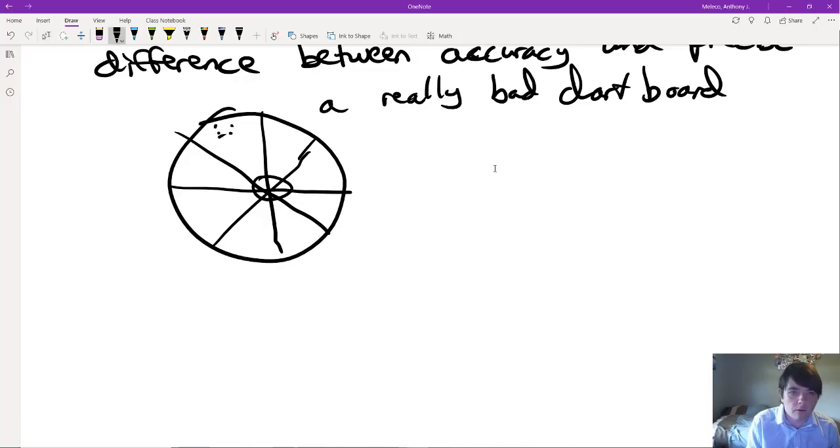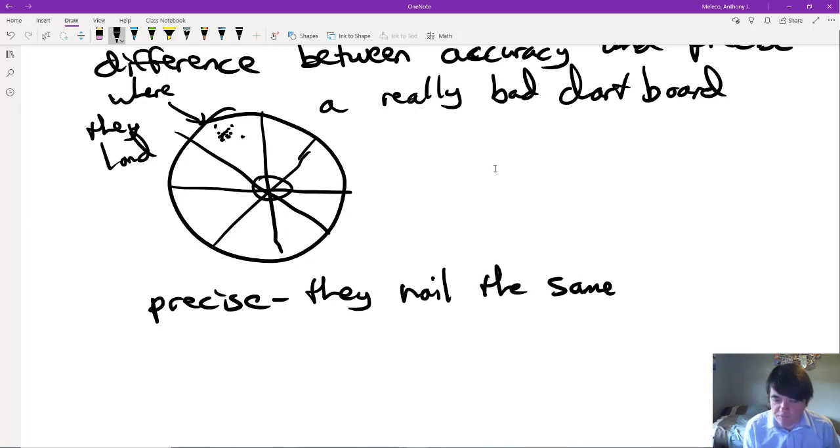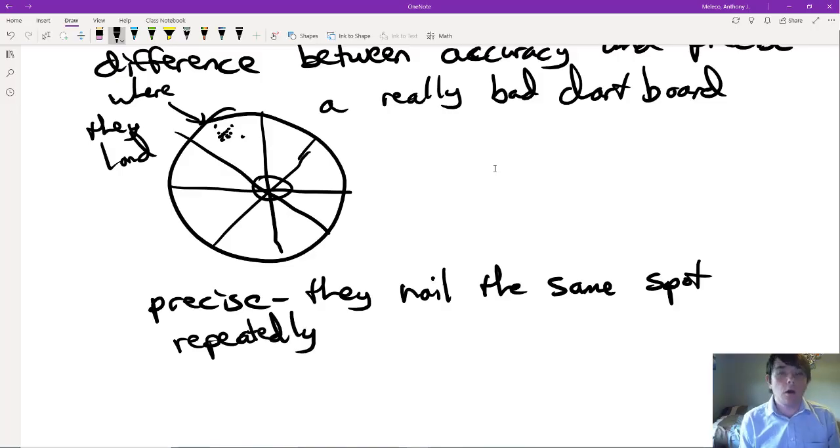Okay. This is where they land. This is precise. They nail the same spot repeatedly. Okay. They can hit the same values each time, no matter when they do the experiment.